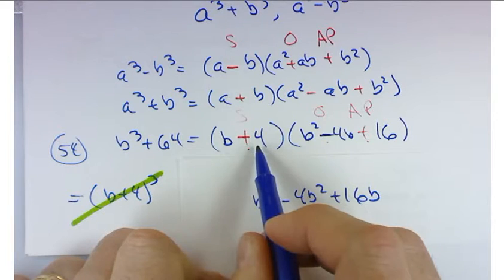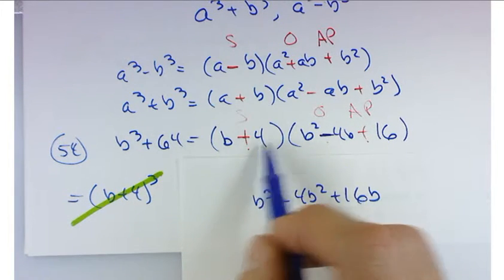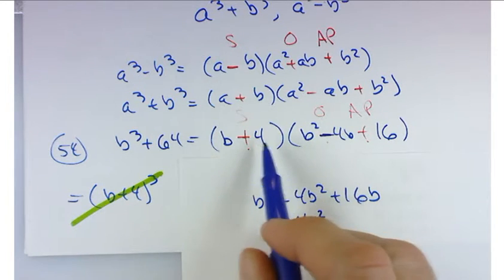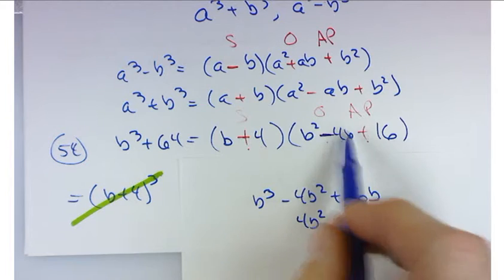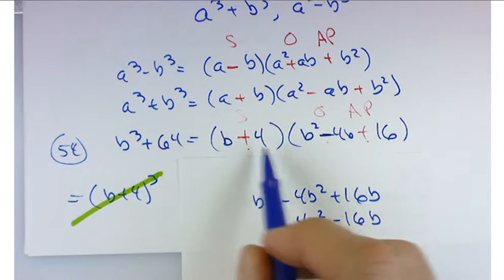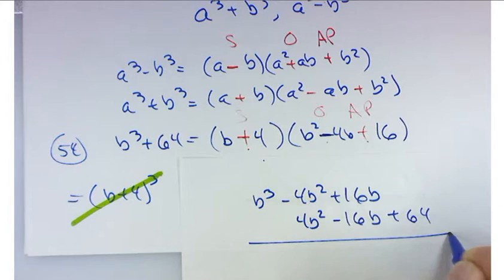Let's distribute the 4 to all three of these terms. So 4 times b squared would be 4b squared. What's 4 times the middle term? Negative 16b. And then 4 times 16 is a plus 64.